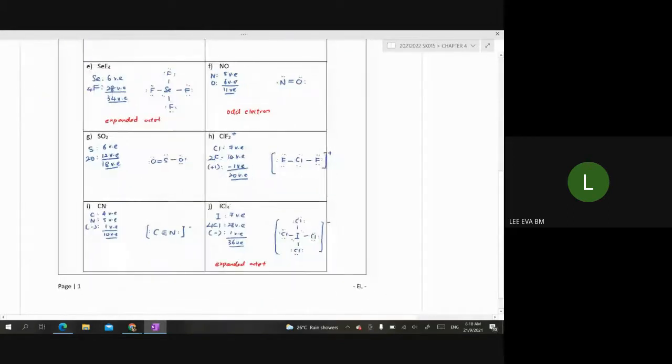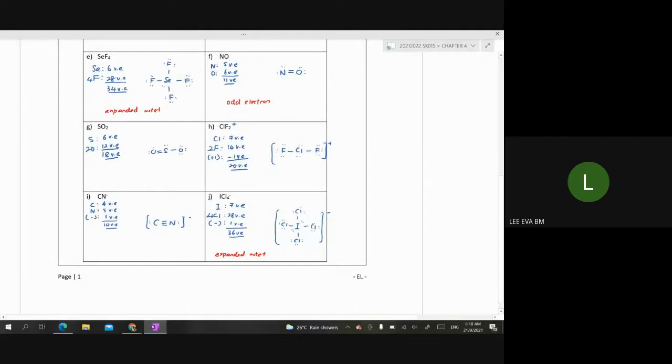Okay, Madam will check the bottom part, E until J. For your SO2, you have two answers. Either you have sulfur with two double bonds, or one double bond and one single bond. The one double bond, one single bond is octet.